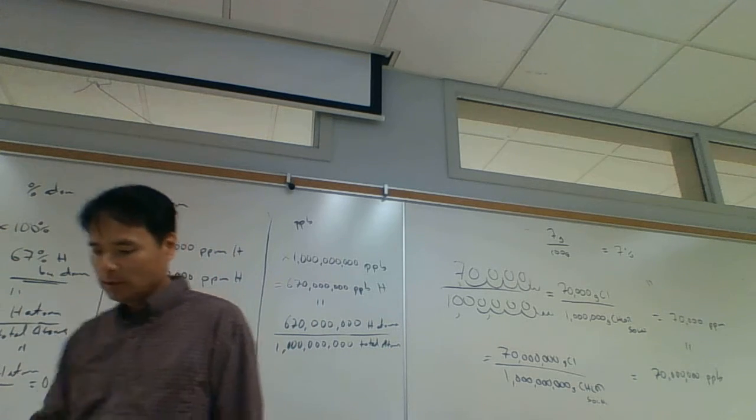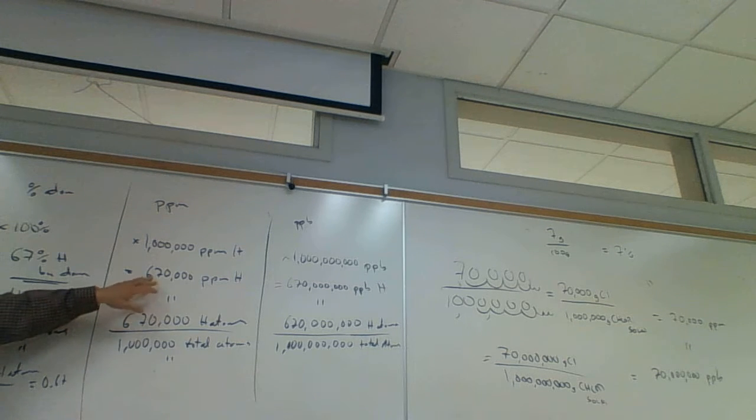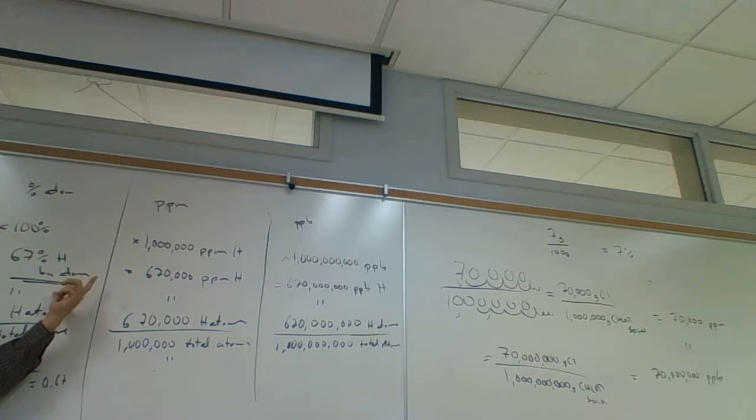We manipulate them. It's just a matter of convenience. Since all these say the same thing, which one's easiest to say? Percentage, parts per million, or parts per billion? Percentage, for sure, because those are huge numbers.